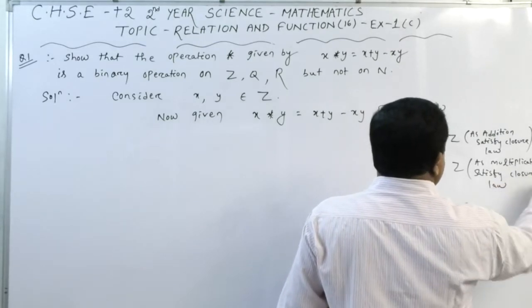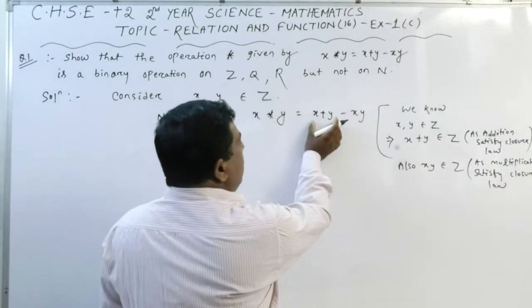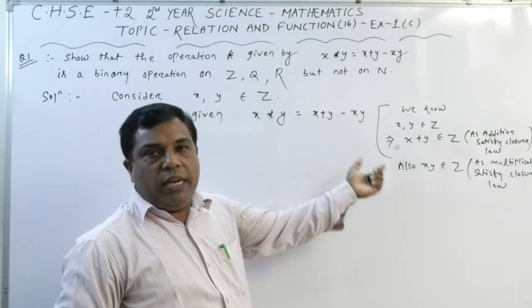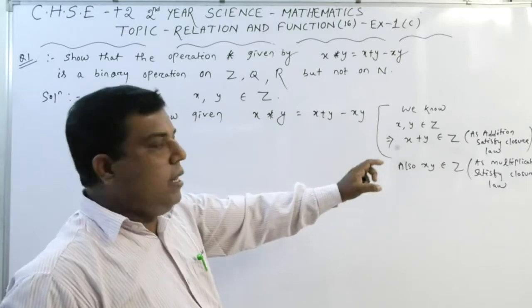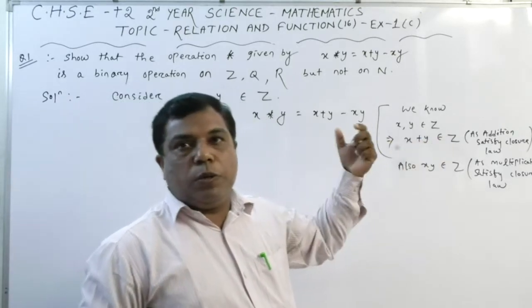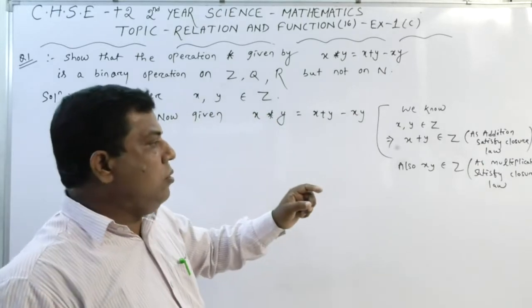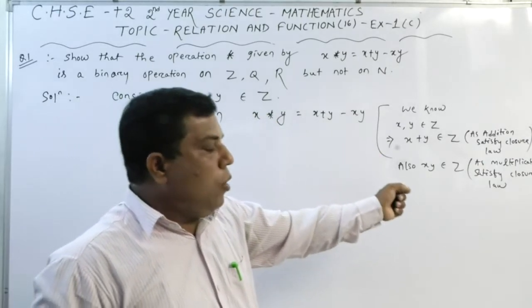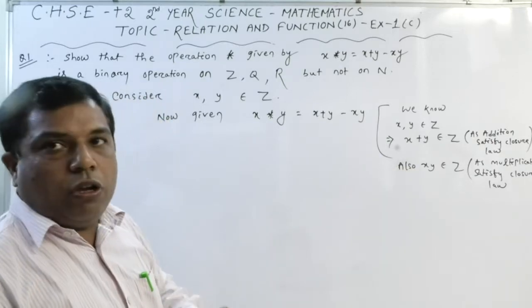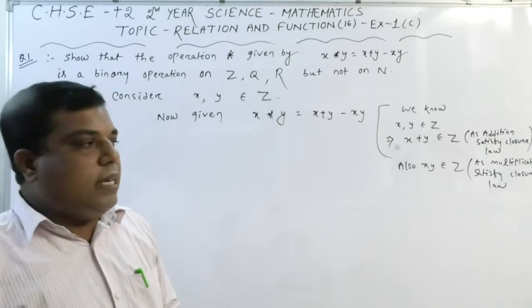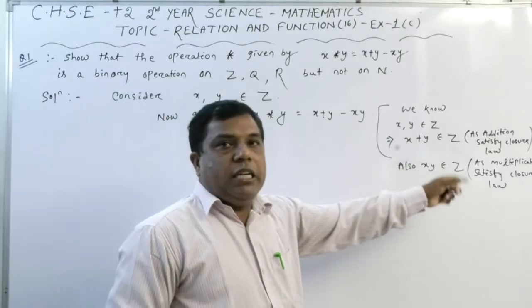So x plus y is an integer belonging to Z as per the closure law of addition. Now xy is also belonging to Z as multiplication satisfies the closure law, meaning the result is belonging to the same set.